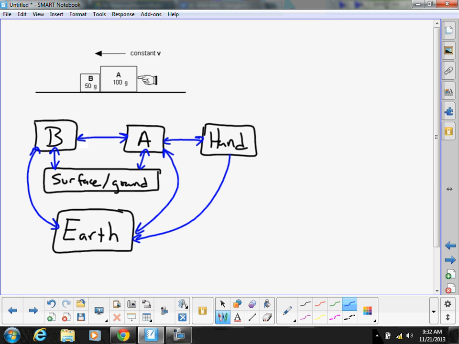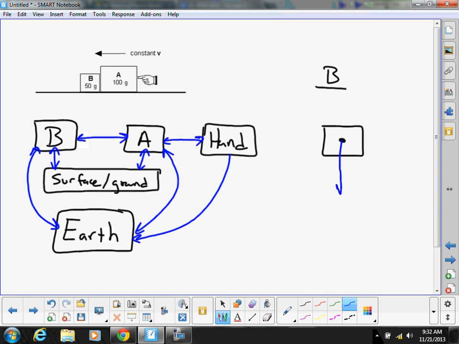Okay, well, let's start with the force diagram then for block B. So we'll have our square like so. And let's look at what is acting on it. First of all, we'll deal with the interaction with the Earth itself.